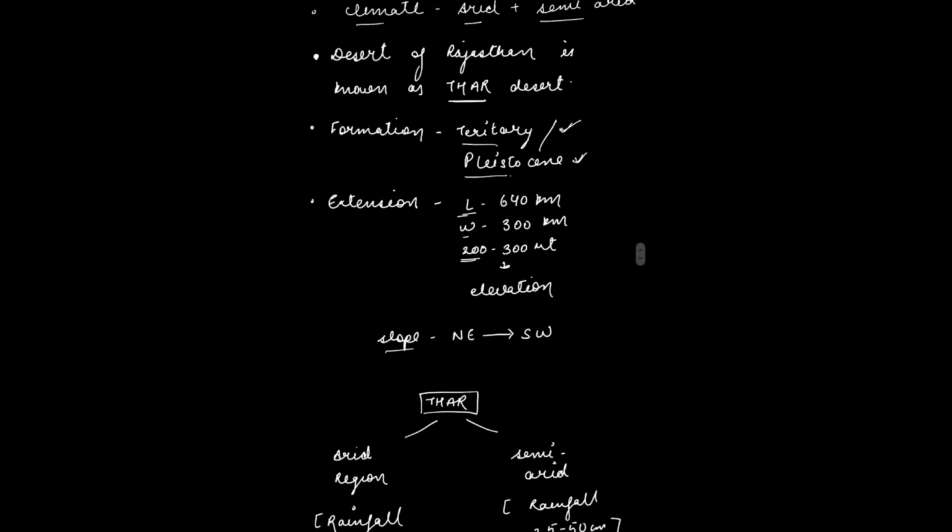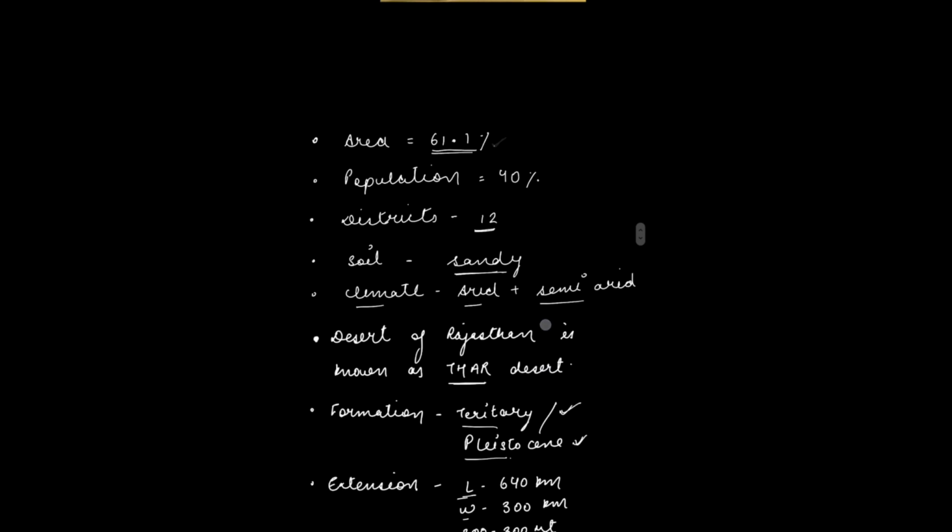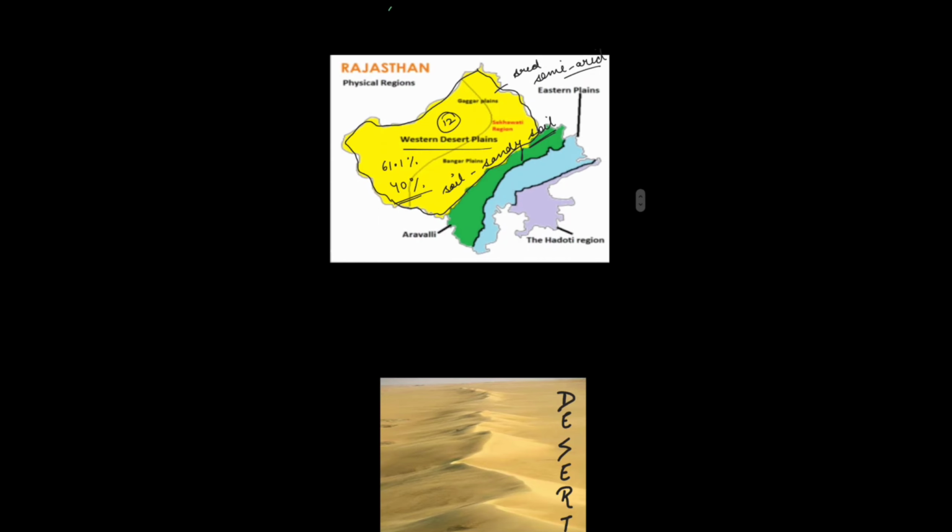Now we need to check the slope. So if we look at the map, this is if we draw the directions. So the slope is from northeast to southwest, like the slope is like this.